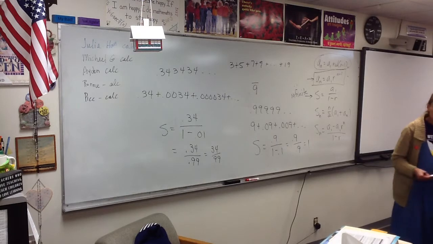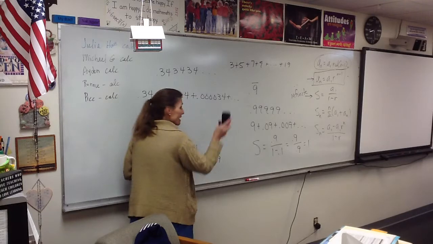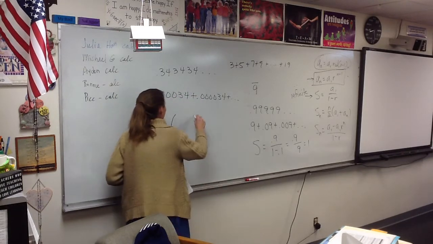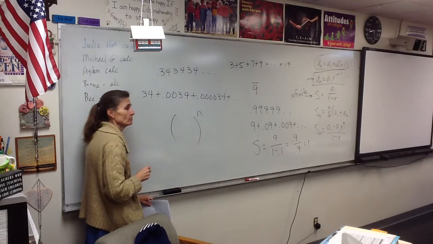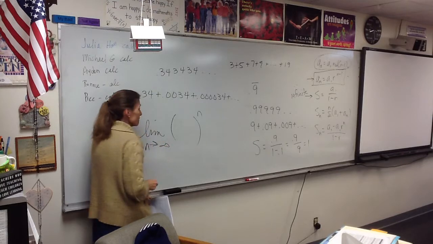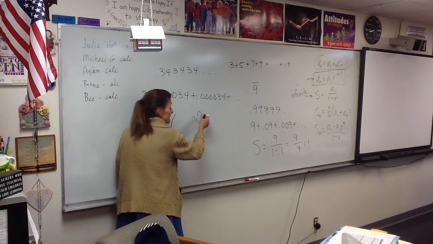Okay? Because what's going on in all of those problems is you don't have n's over n's. What you have is a fraction to a power. As you find the limit, as n approaches infinity, of the fraction to the power, that means the power is getting bigger and bigger.